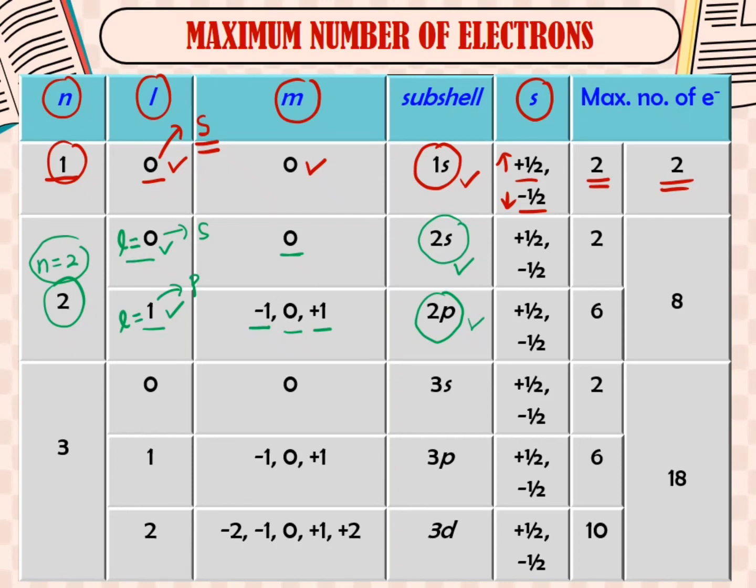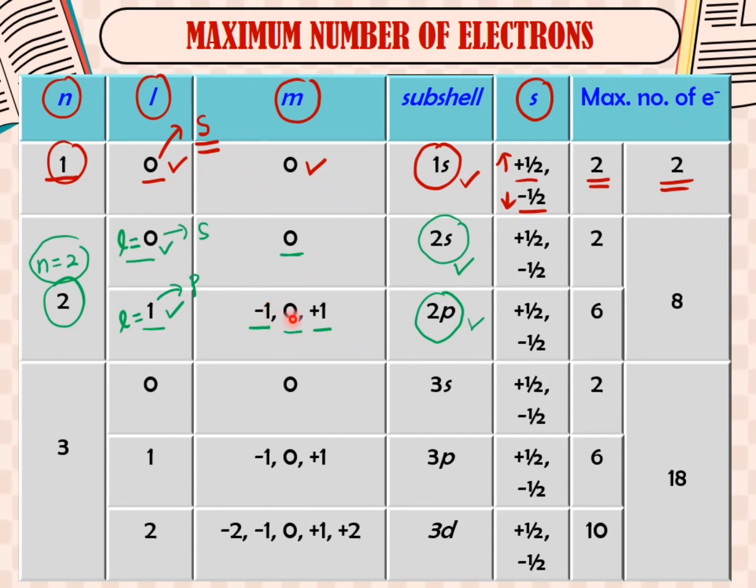Dan kita tahu rumah S cuma ada satu bilik. Saya ulang, rumah S cuma ada satu bilik. Bilik nak tahu berapa? Depends on M. So satu bilik boleh isi positive half, negative half. So 2 elektron sahaja. While rumah P ada 3 bilik.